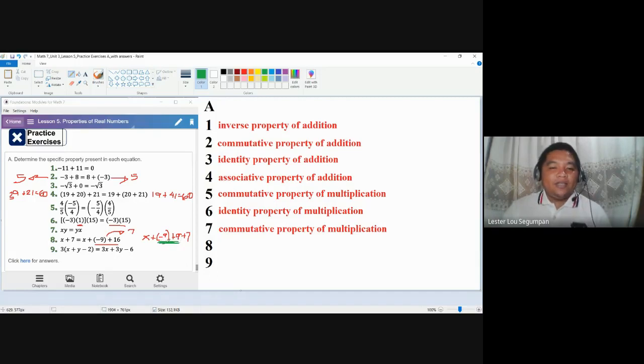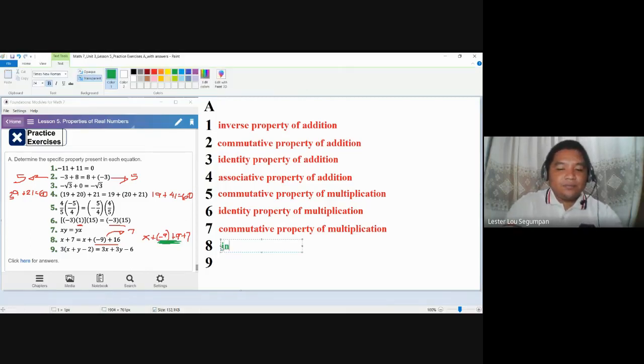So what property is being covered by these two numbers here? They are again opposites, similar to number 1. Opposites will result to 0. Here, they will result to 0 and leave x plus 7. In short, this number contains the inverse property of addition.